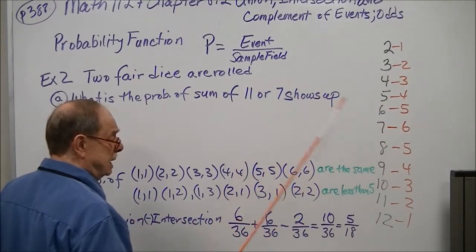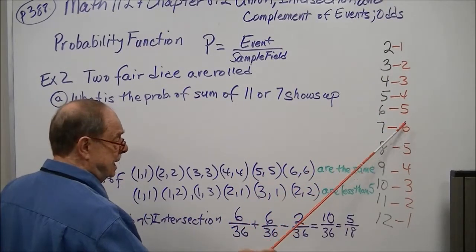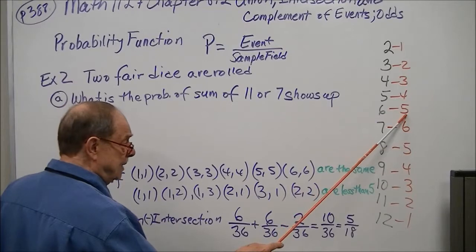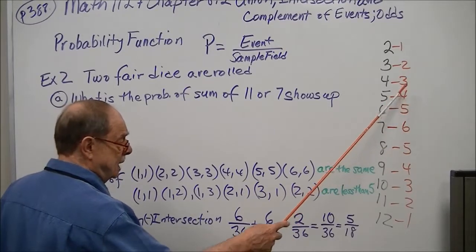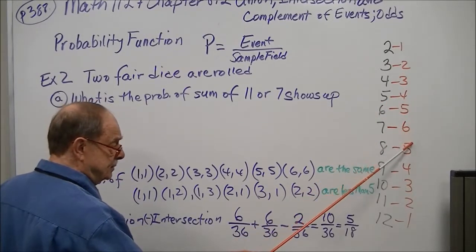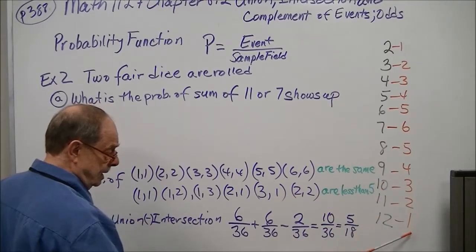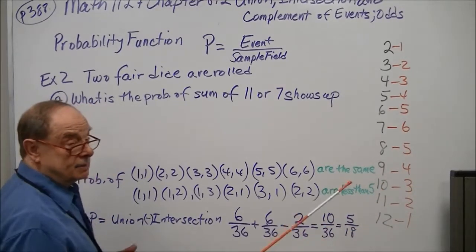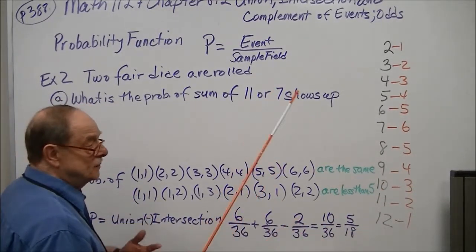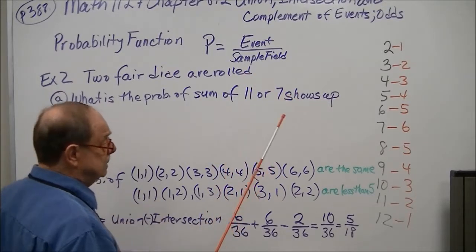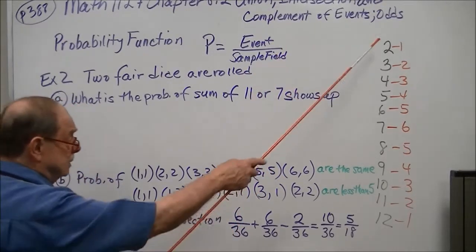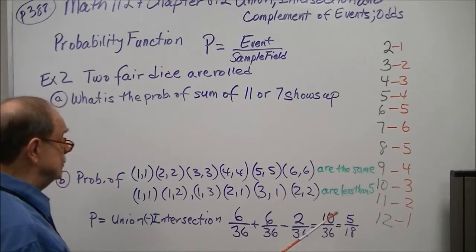As you roll the dice, 7's going to come up 6 times. A 6, 5 times. A 5, 4 times. And then from the 6, you start going down. If you do this a couple of times, that'll be something that's very useful on your test. Of course, you can make a little chart like that for your practice and quiz bees.